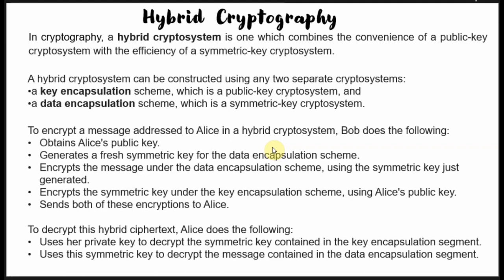These are mechanisms in a hybrid crypto system. So maybe later you can read more about it. Here I indicate how an encryption can be done with a hybrid cryptography system and how to decrypt with a hybrid cryptography system.